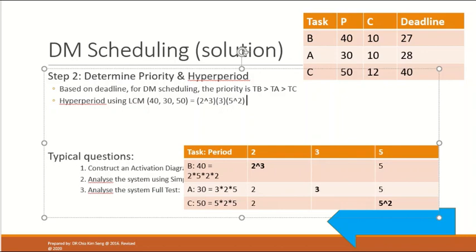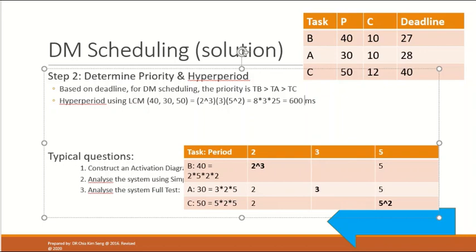Use your calculator to get 8 multiplied by 3 multiplied by 25. You should get 600. Your friend said 600. The unit is millisecond. So these are the steps that we use to come out with our hyperperiod.